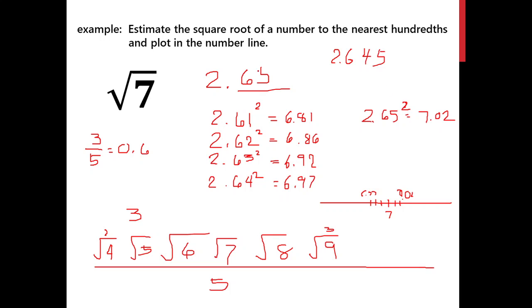So this will be our best answer. Again, 2.65 and 2.64 are the closest numbers. Both numbers are a correct estimate. Now, it depends on the choices on your exam. Although this one is correct, this one is the best answer. Okay?